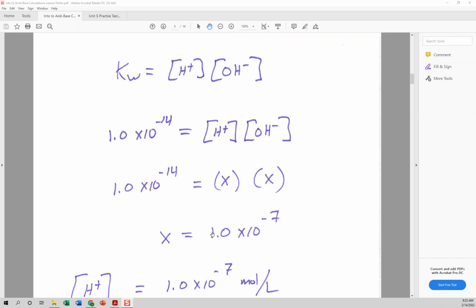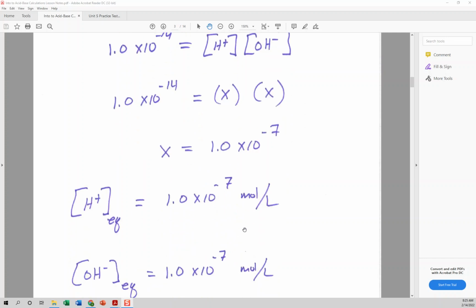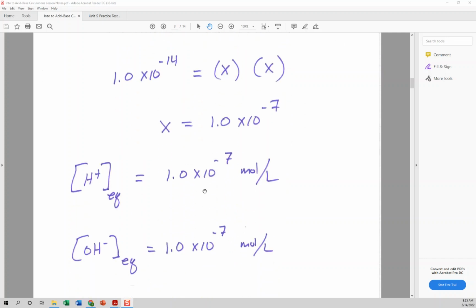And so if we solve for X, if we just take the square root of that, okay, we get the molarity of H plus in pure water at equilibrium, and we get the molarity of OH minus. Notice they're equal, okay? And the product of those two equals Kw, 1 times 10 to the negative 14. So H plus concentration times OH minus concentration, and again, you could replace that with hydronium. H plus times OH minus always equals 1 times 10 to the negative 14, okay?